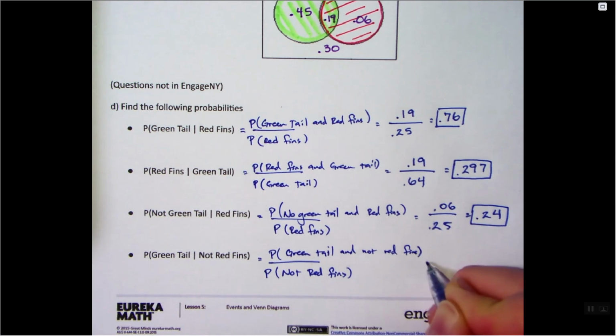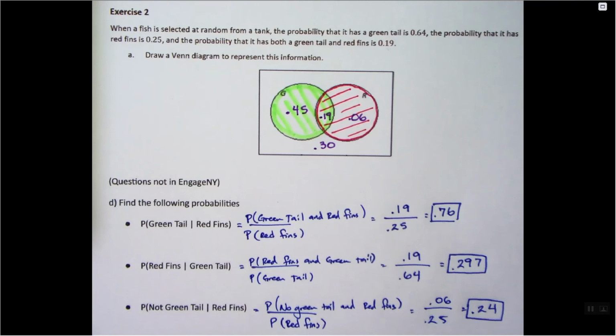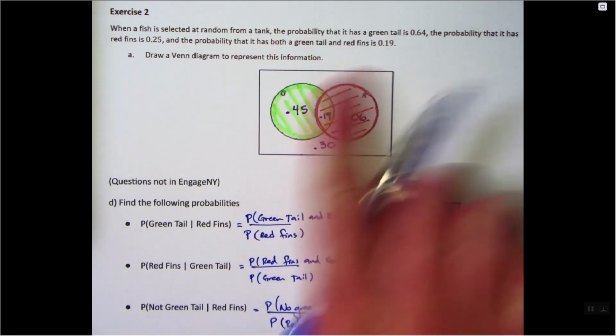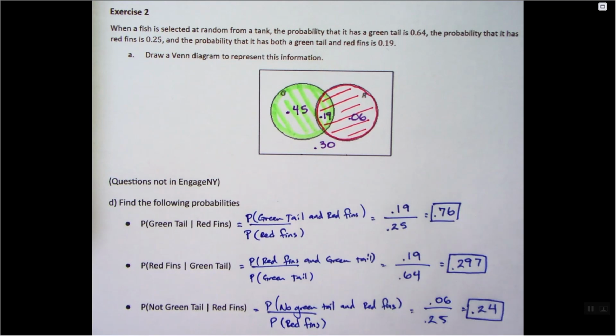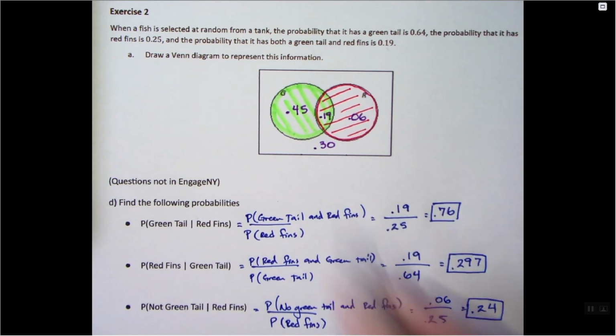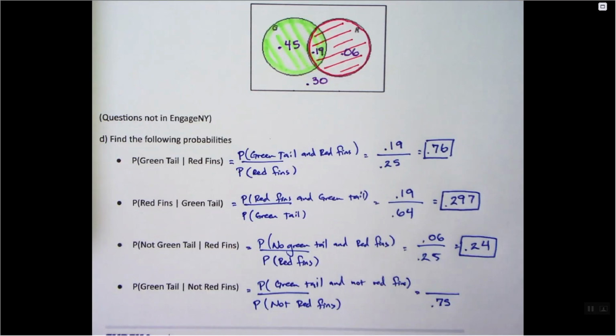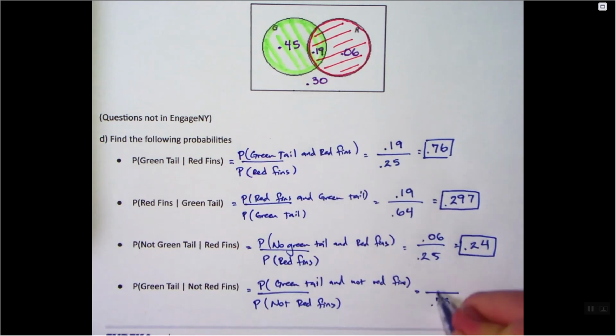Okay? Now, not having red fins is everything that's outside of this red circle. Okay? And if I add up 0.45 plus 0.30, I get 0.75. Okay, that's everything outside the red circle. Okay, and looking out of those that are not in the red circle, it having a green tail is 0.45.